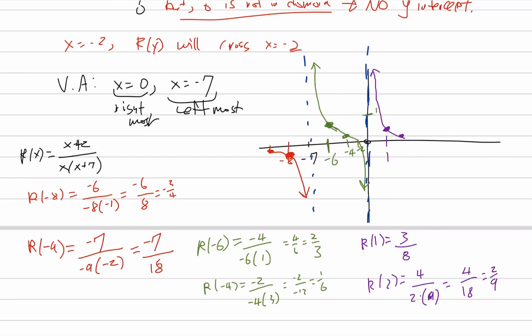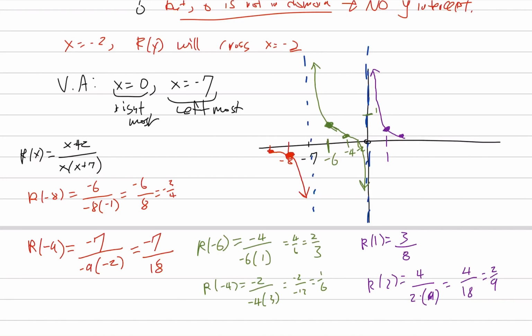So the answer is part C. To determine the behavior of the graph on either side of any vertical asymptote, it will be C: it approaches infinity on one side of the asymptote at x equals 0, negative 7, and negative infinity on the other.